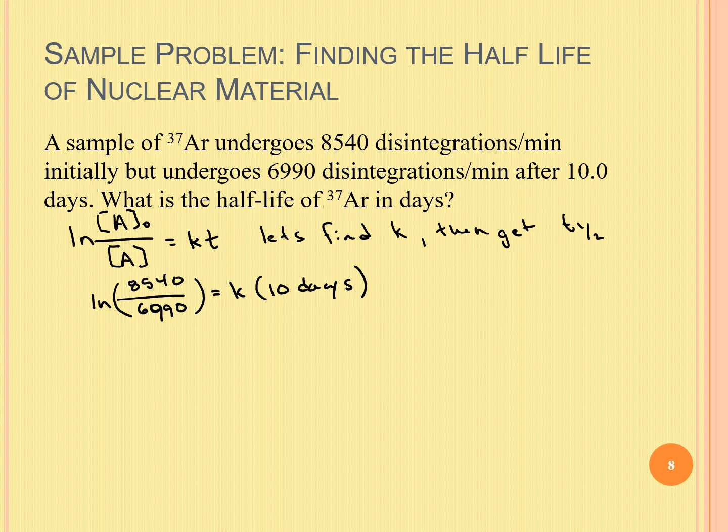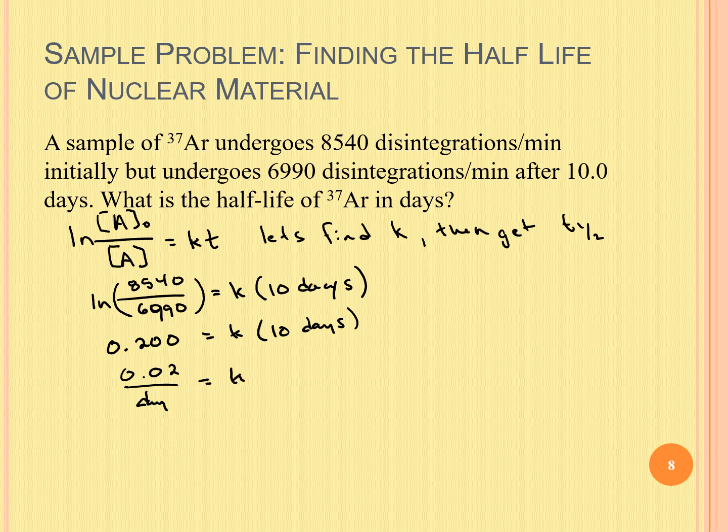If we take the natural log of 8540 divided by 6990, we're going to get 0.200 is equal to k times 10 days. Dividing both sides by 10, 0.02, and this is per day, is equal to k.